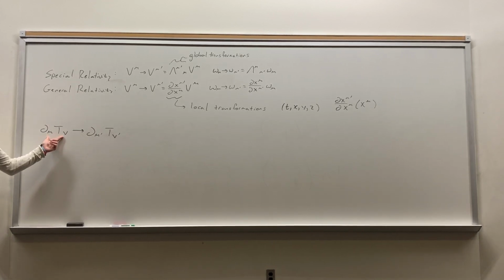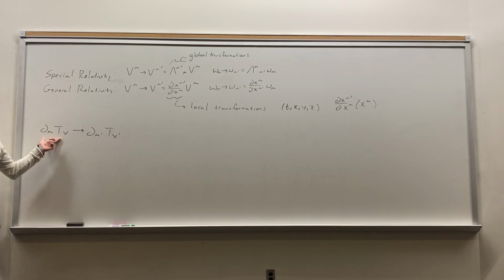It's got two lower indices. I know how to transform each of these indices, right? Well, that's one method, but what we should do is we should explore exactly how this transforms.